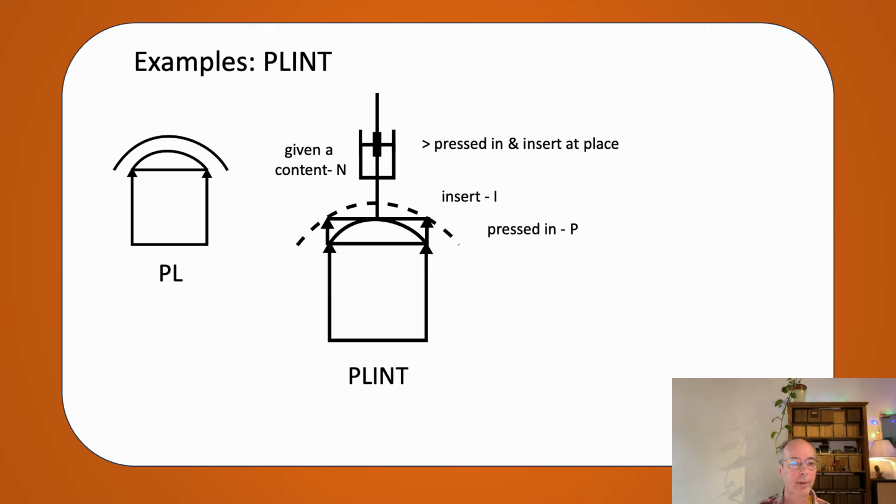But what I know already is that the P will be the pressing in, which will go into the in, and the E is the vertical line of something that is inserted. So that's the E always, which is given a content, or N, and which then in the end will be pressed in and inserted at a certain place because of the T, as you can see there.